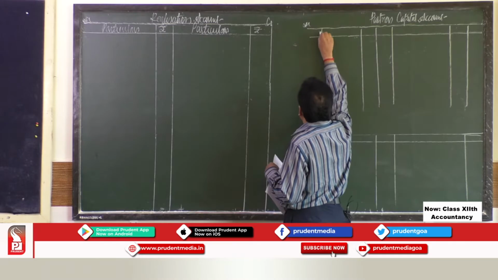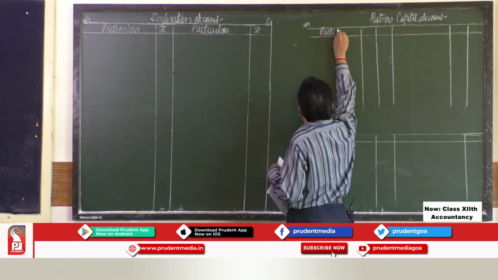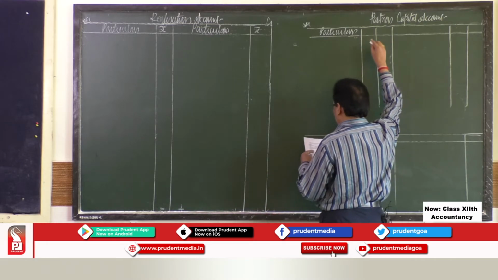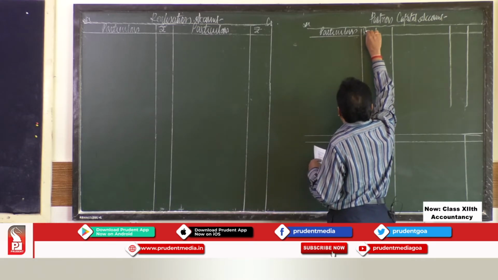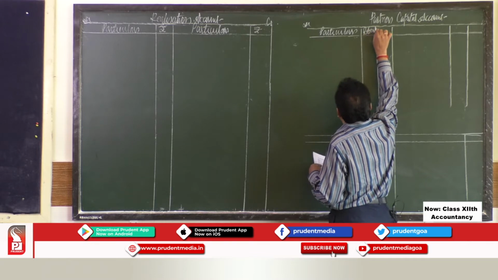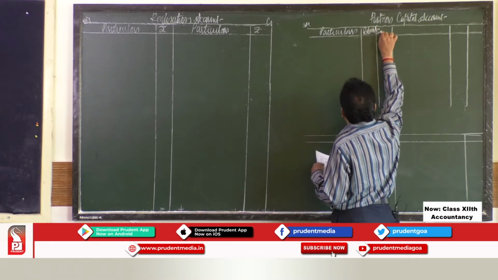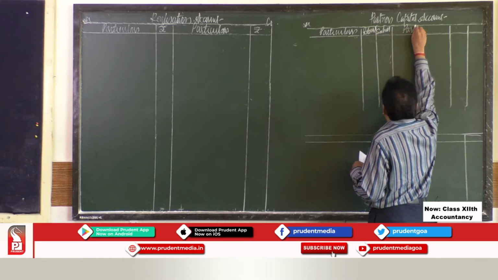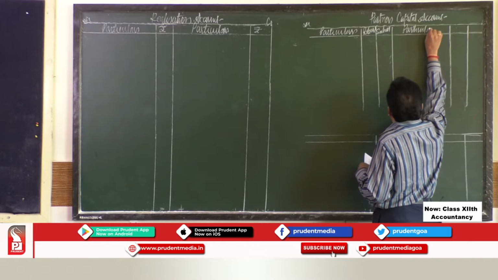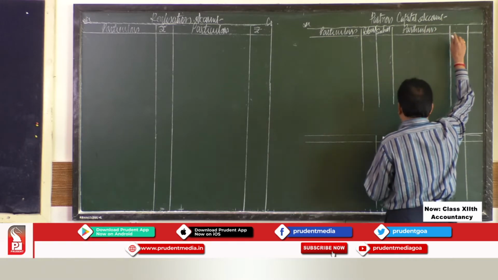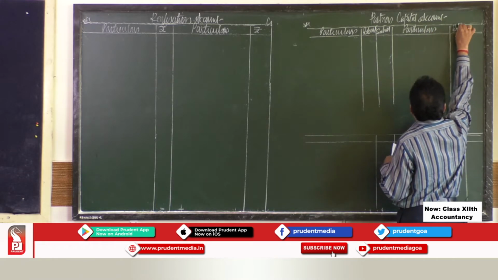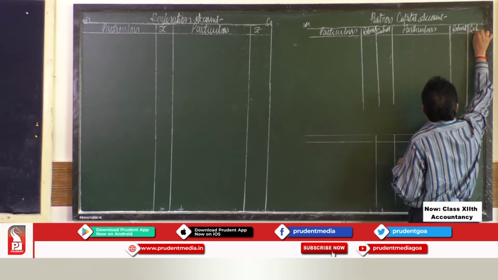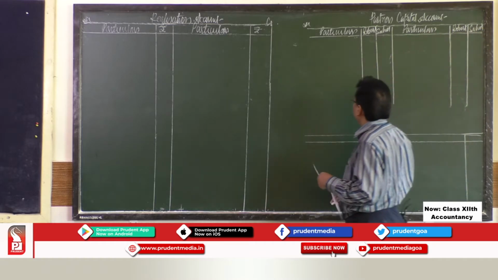Debit side particulars, partners are Robert and Sahil. Then credit side particulars, Robert and Sahil.